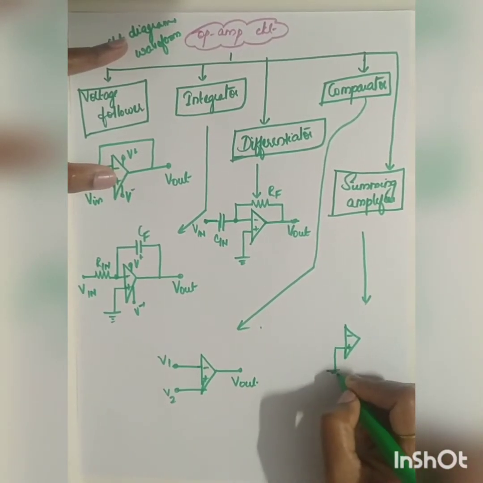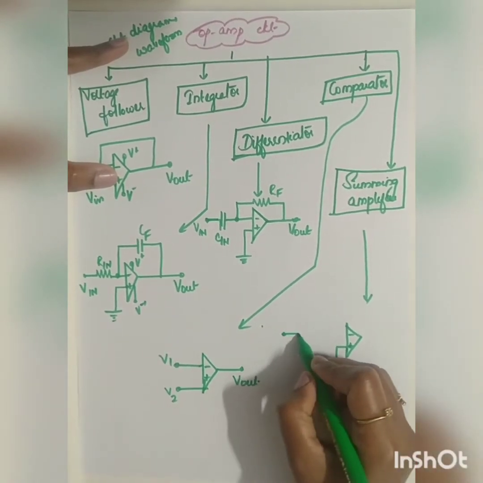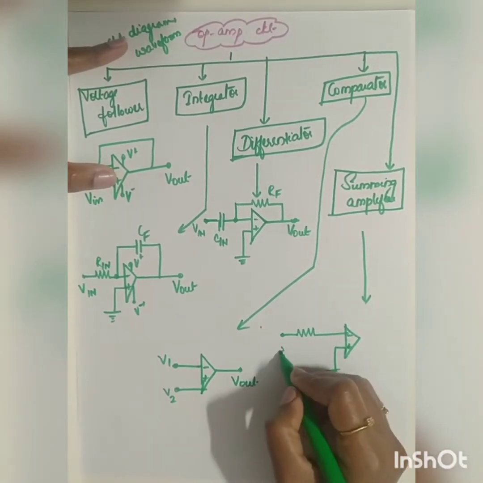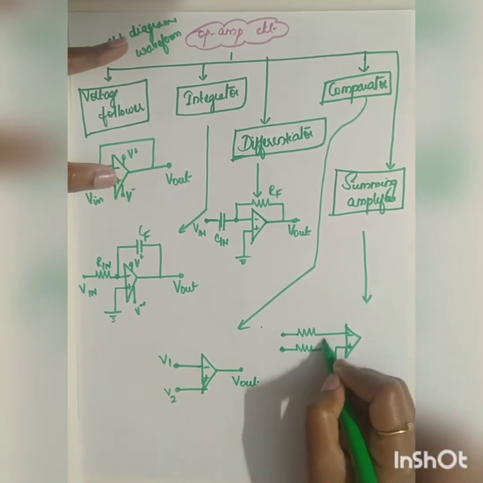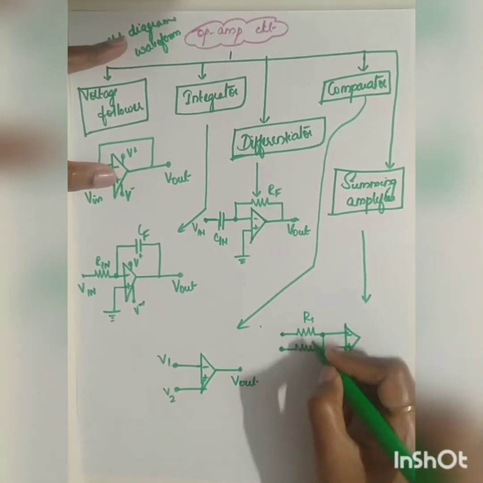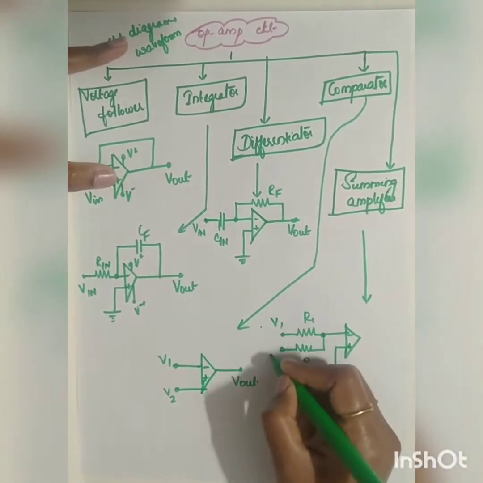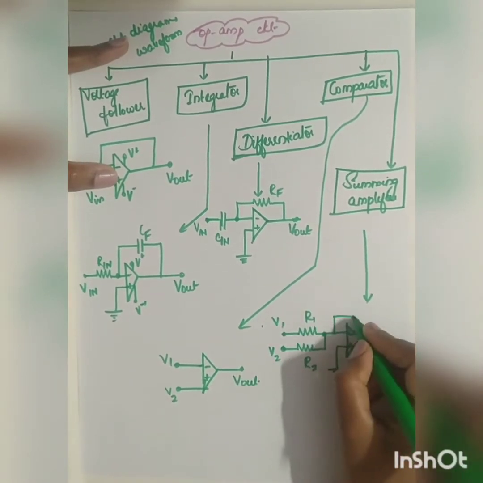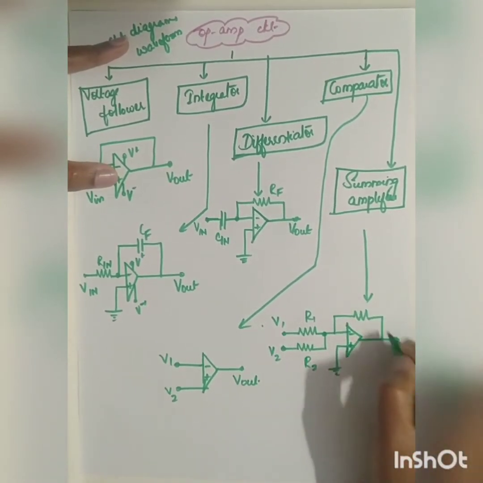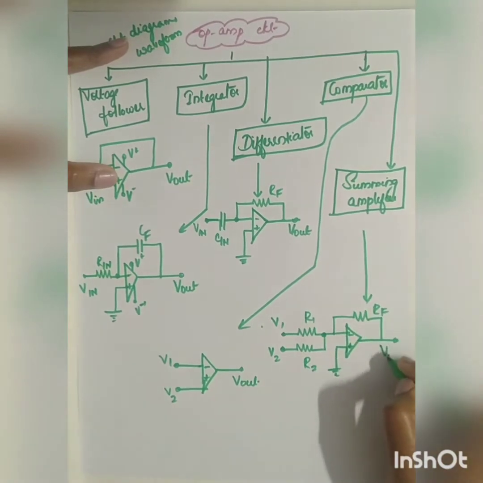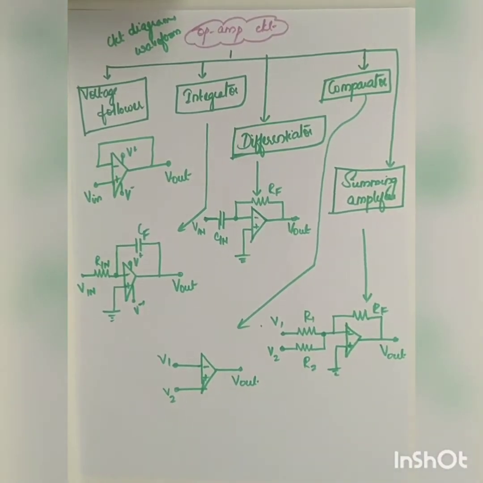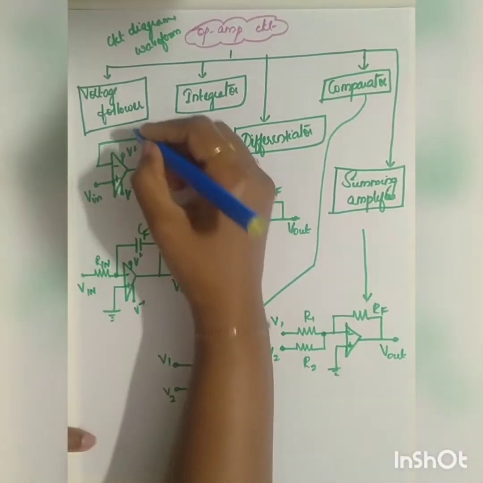The non-inverting terminal is grounded. Across the inverting terminal, you are going to apply more than one input. For example, let me take two inputs, V1 and V2. The output will be the sum of both the inputs. RF. So this is going to be your V out.